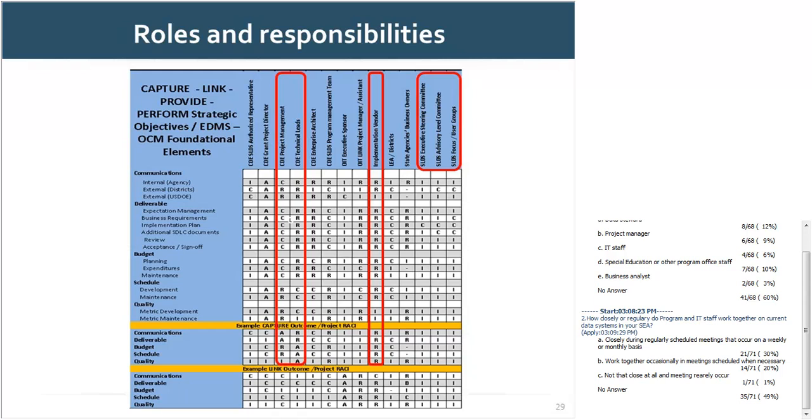But I put this in here because it was clear that the intent was, as you can see in this box in the top right-hand corner, that the governance folks were going to be involved every step of the way. But then in these other boxes, we were going to have technical folks who are going to be responsible and accountable for a lot of the technical work that takes place as we operationalize our SLDS program.